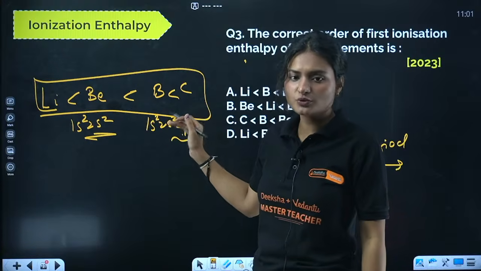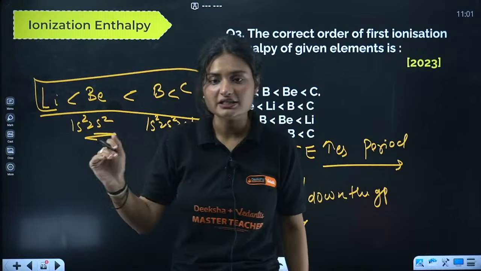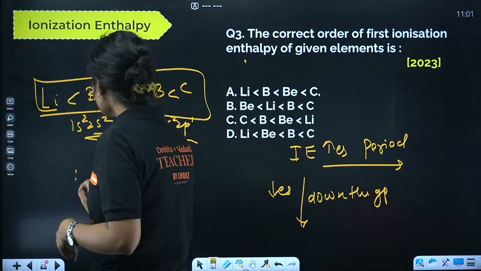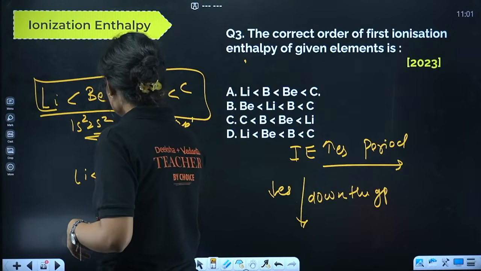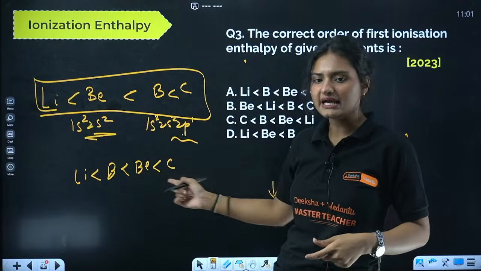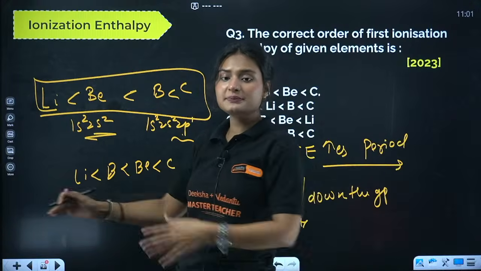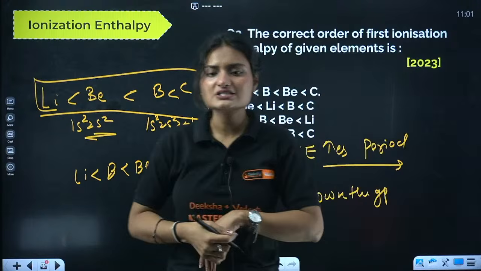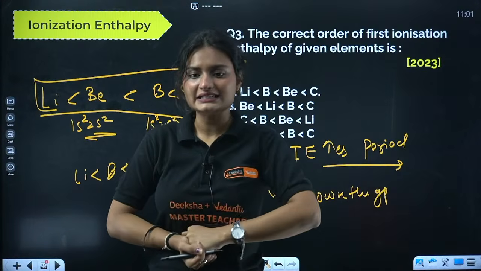That is very easy to remove compared to the filled s orbital. So here the order will be reversed. The order will be lithium, boron, beryllium, and then carbon. And why not beryllium as the highest? Because in carbon, going along the period, the nuclear pull increases, so the ionization energy also increases.